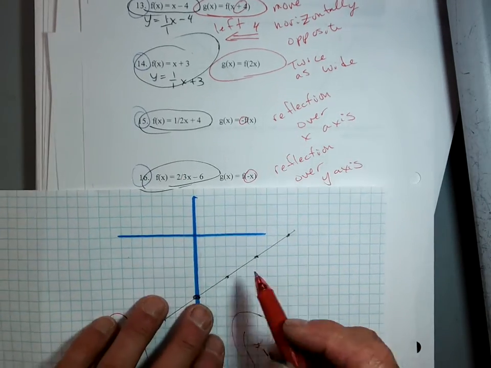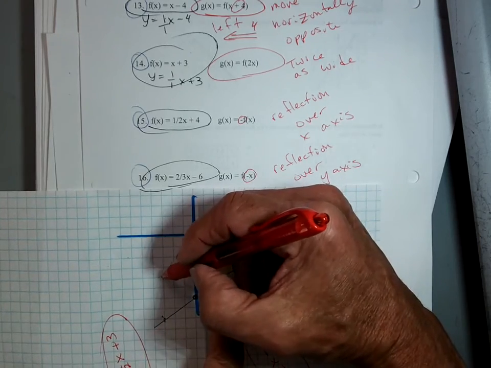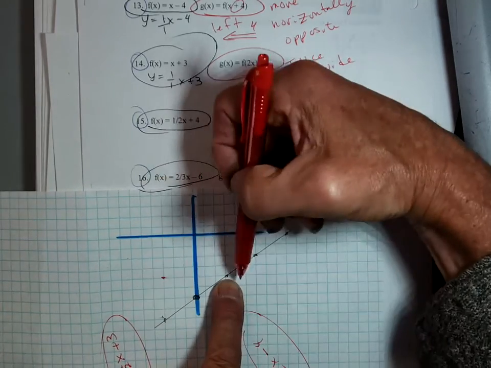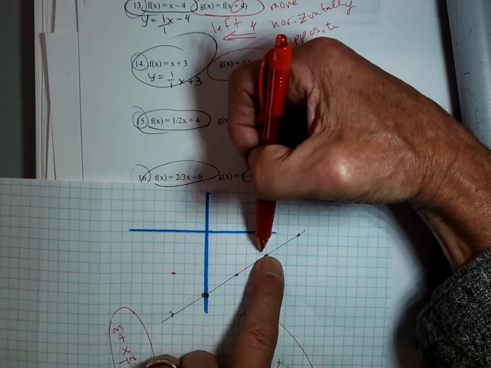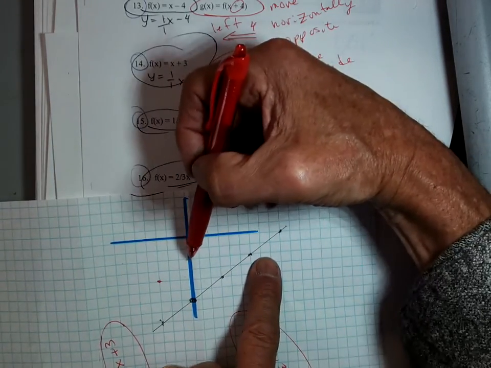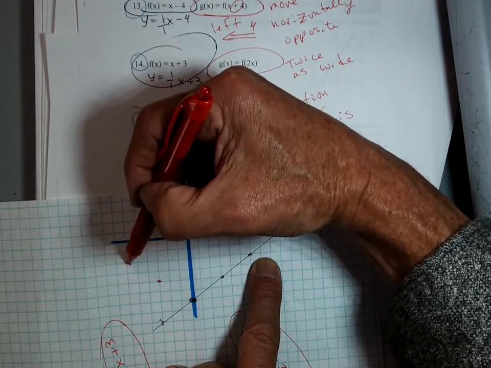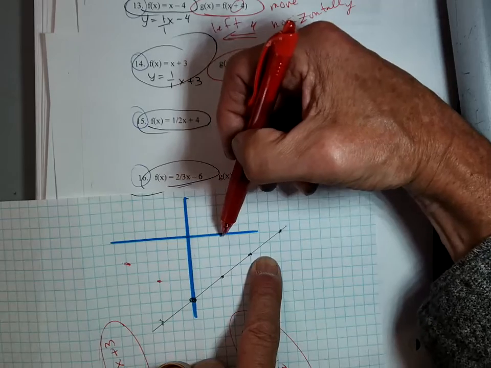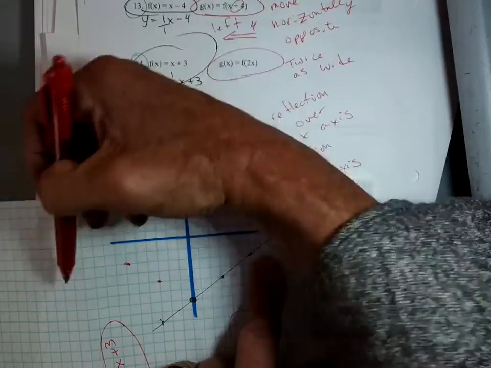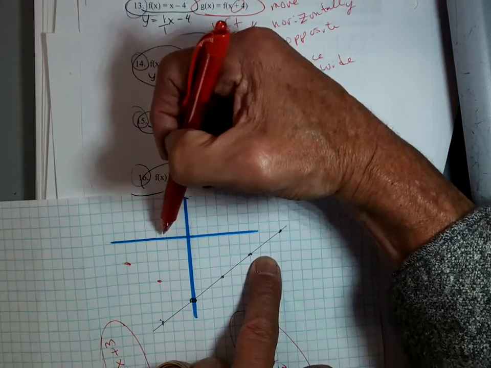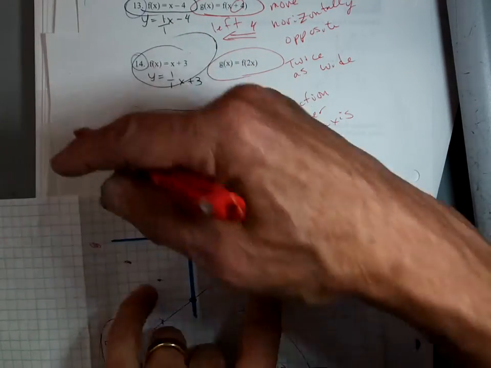So for instance, this point at positive 3 for the x goes over here as a negative 3 on the x. This point at 6 on the x goes to negative 6. This point's at 9, it's going to flip over and reflect to negative 9.